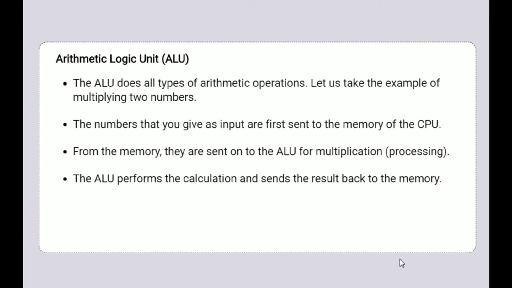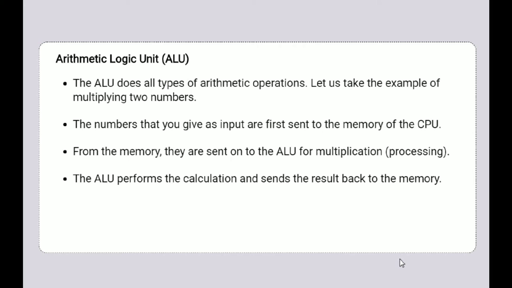The result after performing the calculation is also sent back to the memory. So this is about the arithmetic and logic unit. We get the inputs, the ALU processes them and sends the result back to the memory. There are three things in this section, so we will learn those and relate all the operations of a computer.